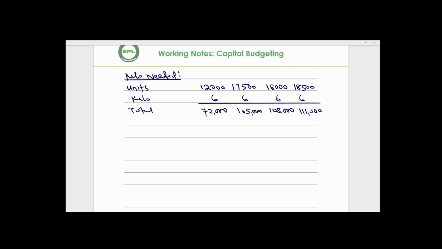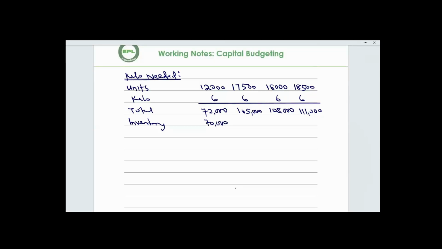However, since you are going to need 6 kilos of material Z for the production of VC4, the 70,000 that you have in stock, you are going to use it for this project. Since you already have it, you are not buying. So I would say inventory 70,000. You need 72,000 in the first year.